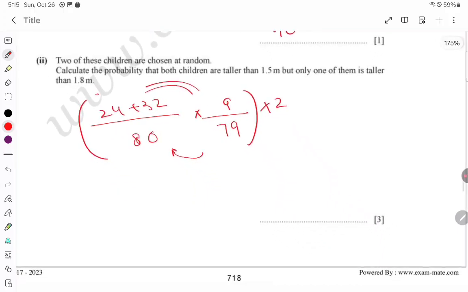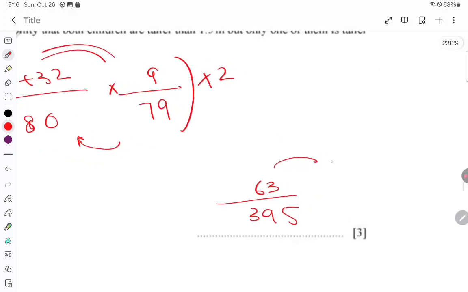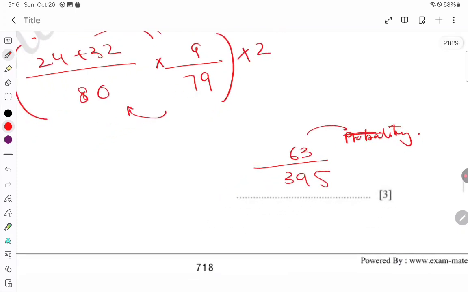So by solving this, we will get our answer of 63 over 395, and we do not write this in decimal form because probability is always in fraction form.